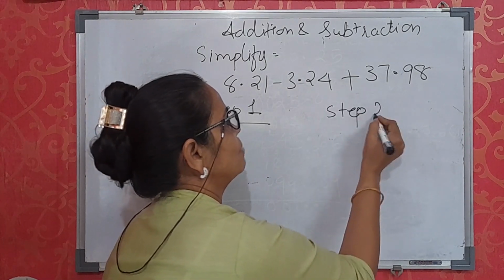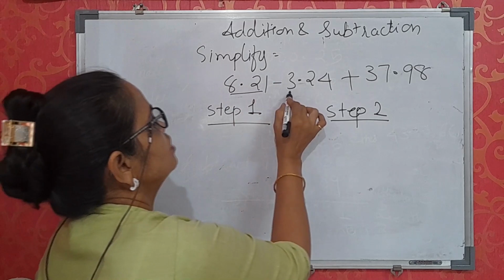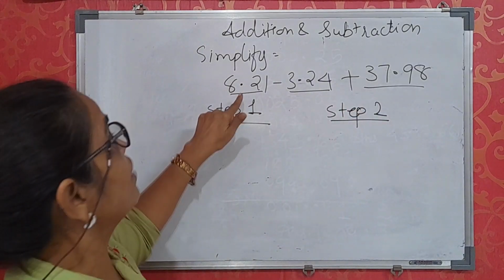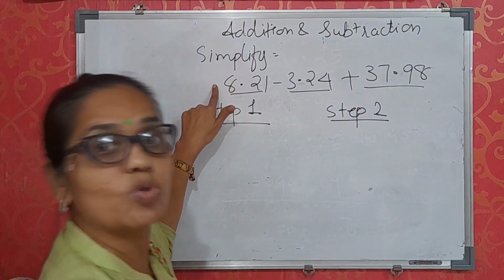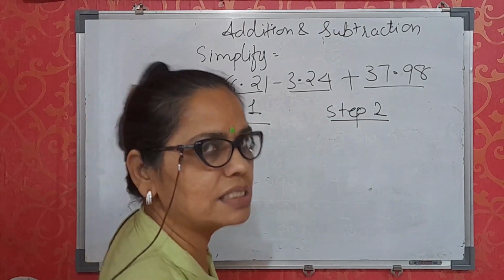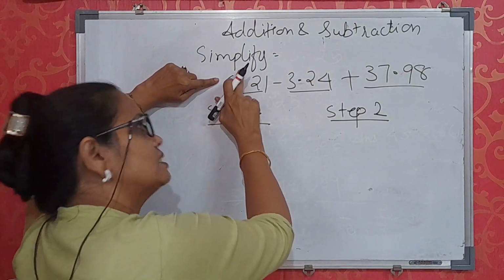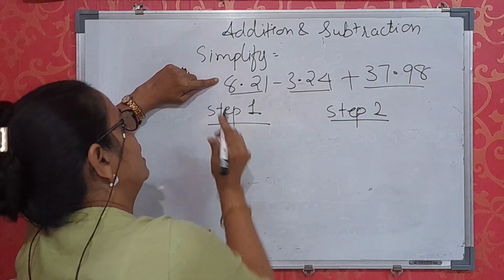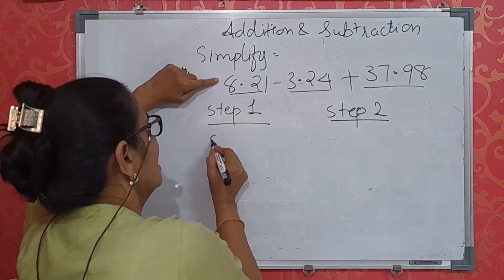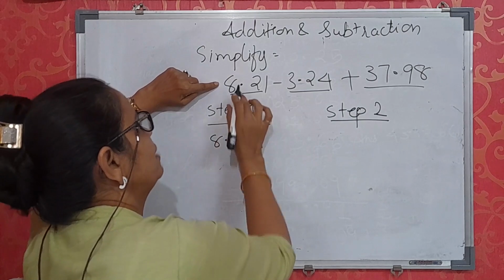So first write step 1 and step 2. Now there are three numbers, 1, 2 and 3. Before the first number there is no sign, which means it is a positive number, a plus sign number. So in the first step we are adding this plus number and this one, 8.21 and 37.98, because they are both positive numbers.